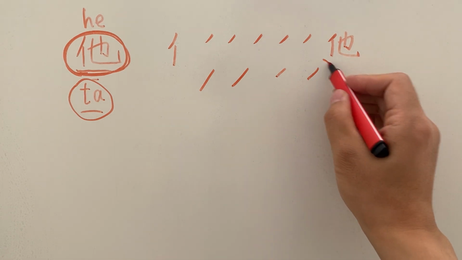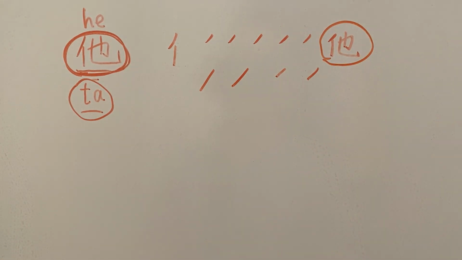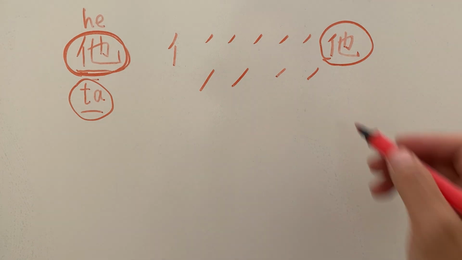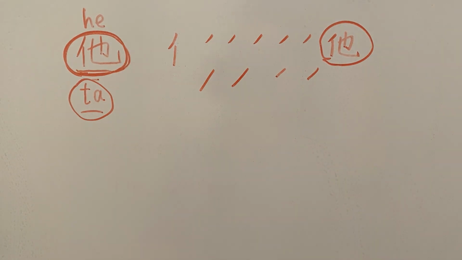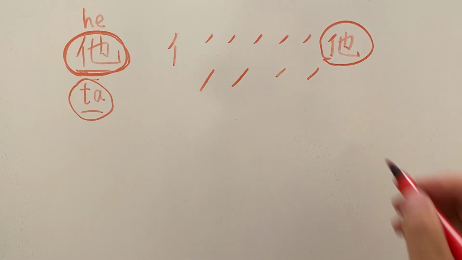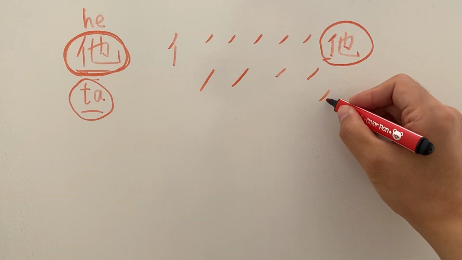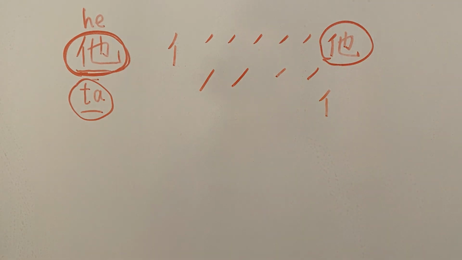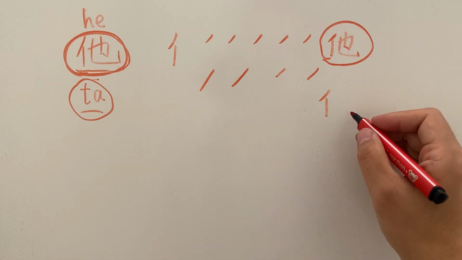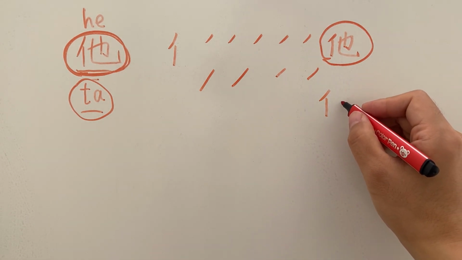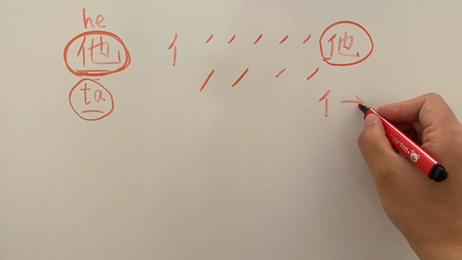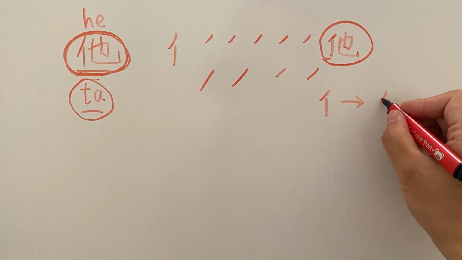And this is he. So, what about this word? What does it mean? It means he. It's a pronoun, right? But why does this word mean he? So you can see the left part is this. It looks like the Chinese character for people, which is called 人.